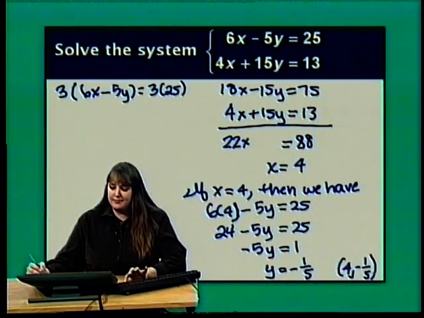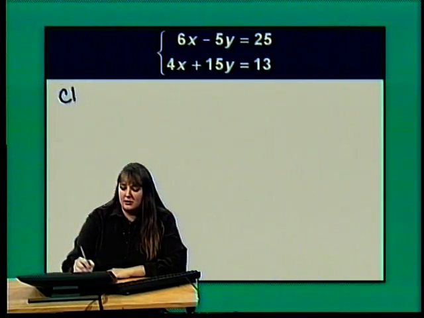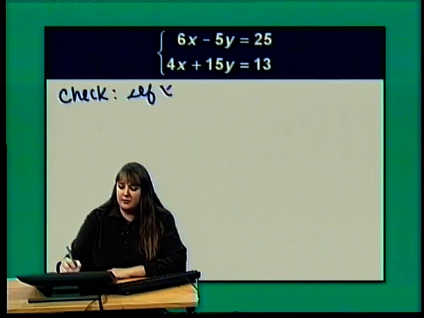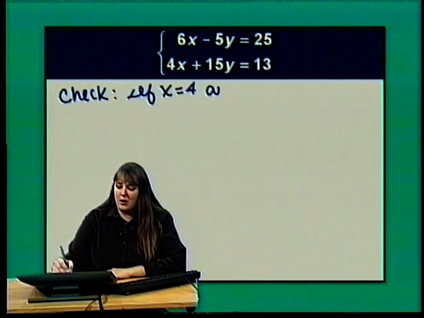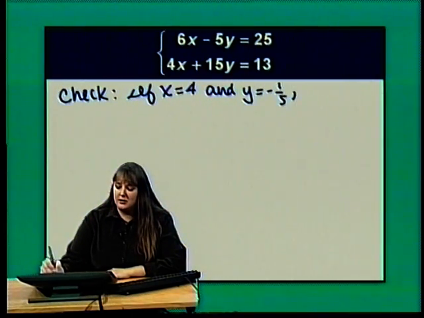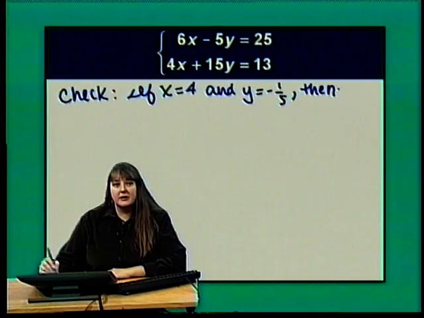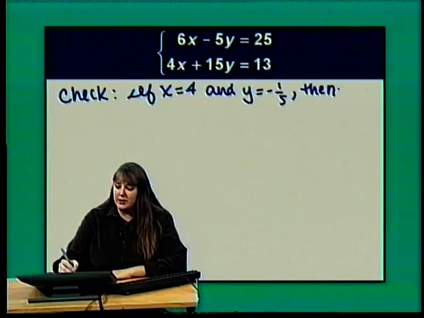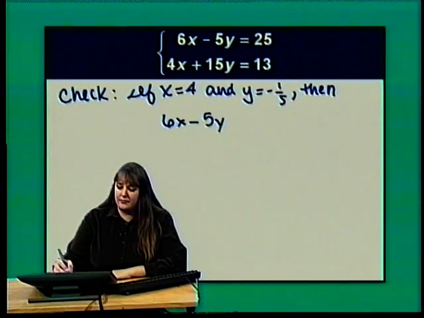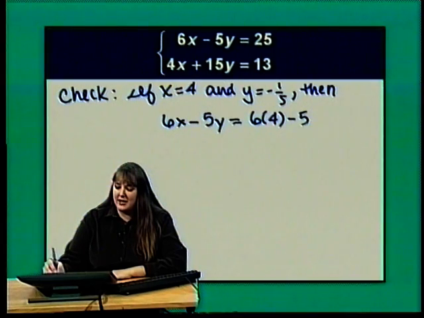Well, let's check this. So if x equals 4 and y equals negative 1/5, then looking at the left-hand side of our first equation, 6x minus 5y is 6 times 4 minus 5 times negative 1/5.